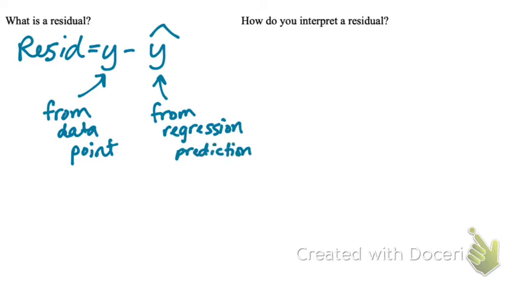You're taking the actual data values y and subtracting the predicted y value.